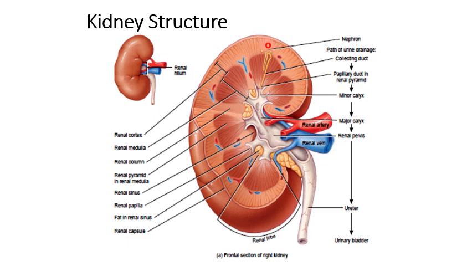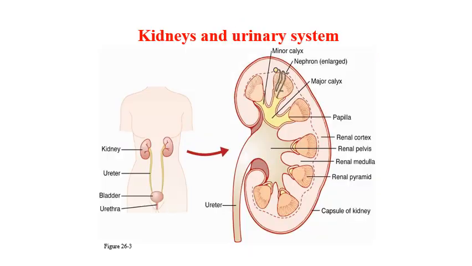Each kidney has about 1 million nephrons. So there are so many nephrons in the kidney, and each one of those filters blood, in a simple way, and forms urine in its tubular structure, as we will talk about later.